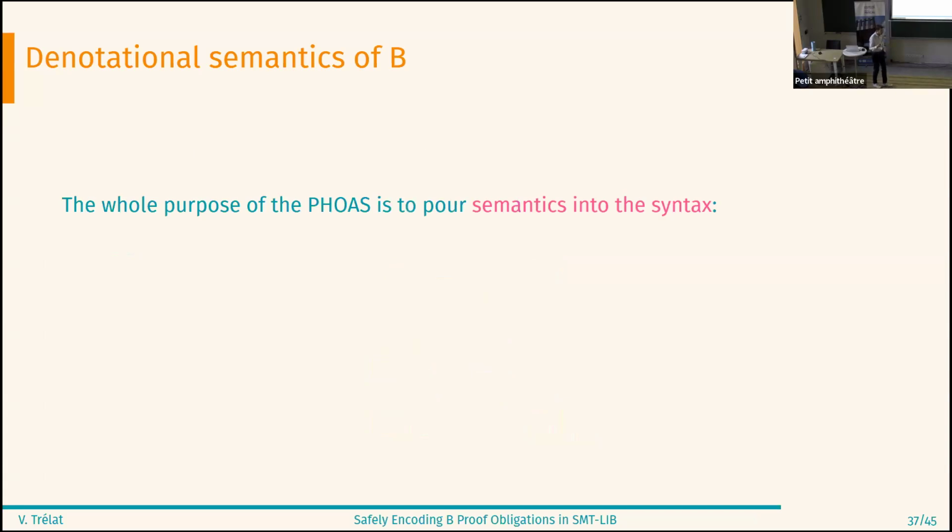As I said, the whole purpose of the forest representation is to pour semantics into the syntax. What it means is, what is the denotation of a variable now? It's really simple. It's the variable itself.